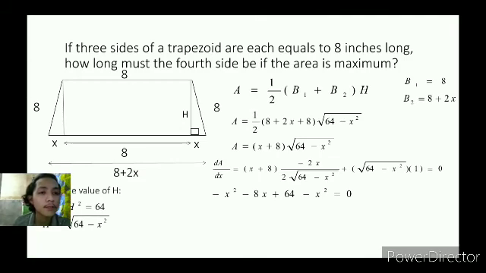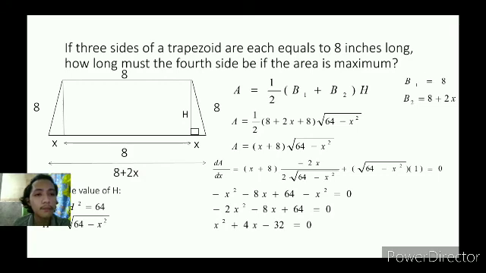And what will remain is negative x squared minus 8x plus 64 minus x squared equals 0. And combining like terms, we will now have negative 2x squared minus 8x plus 64 equals 0. And we divide both sides by negative 2. We have now x squared plus 4x minus 32 equals 0.